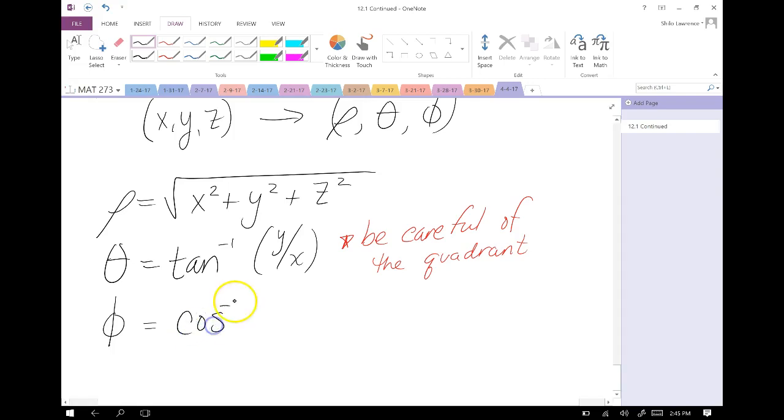Phi is cosine inverse of z over the square root of x squared plus y squared plus z squared. And you shouldn't have to worry about your quadrant with phi, because if it's positive, it'll come back quadrant 1.